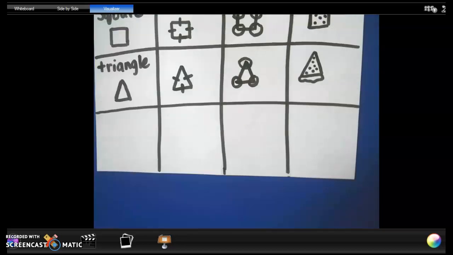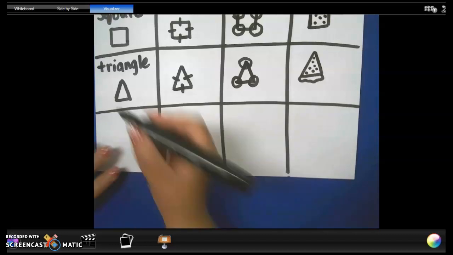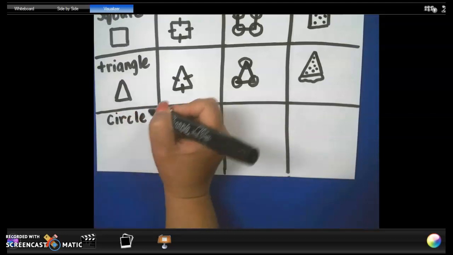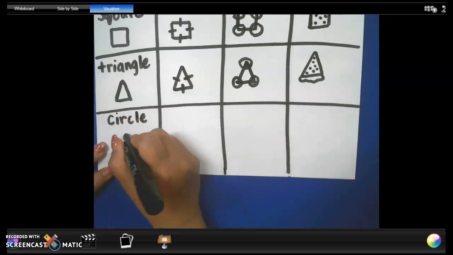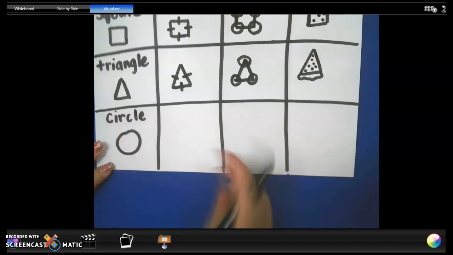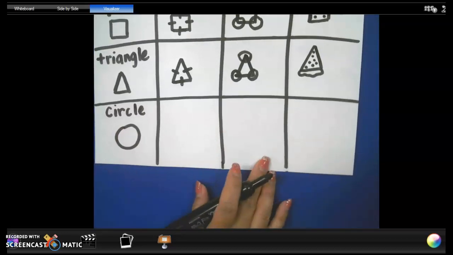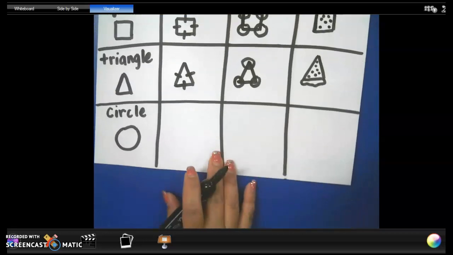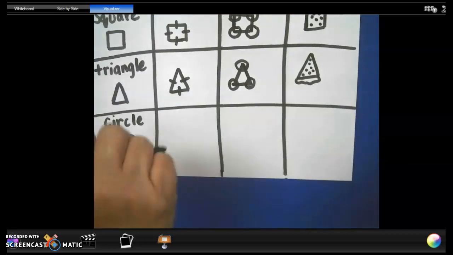All right, so the next shape is going to be a circle, and this is how you write circle. Okay, now I'm going to draw a circle. So here's a circle. Now we're going to draw its sides. Actually, a circle has no sides. A circle is circular.